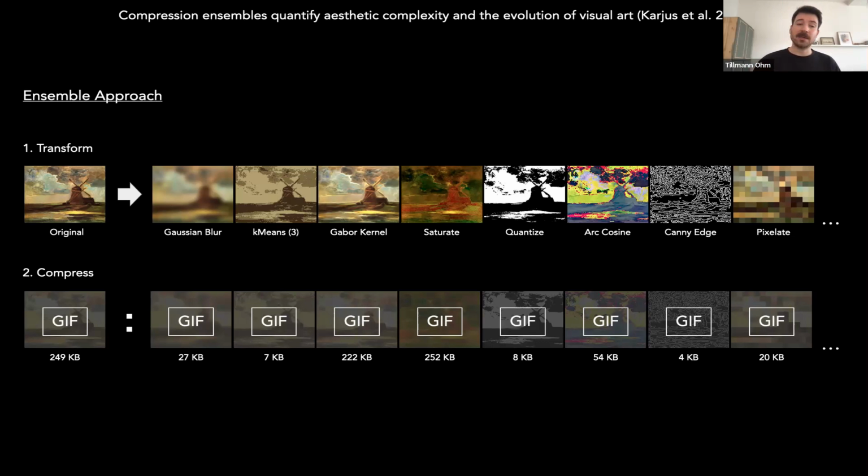And by comparing the compressed file sizes, we calculate how well each version compresses relative to the original. So these compression ratios form a vector, just like the image embeddings from deep learning models. But in our case, each dimension is meaningful and fully explainable as derived from specific transformations.